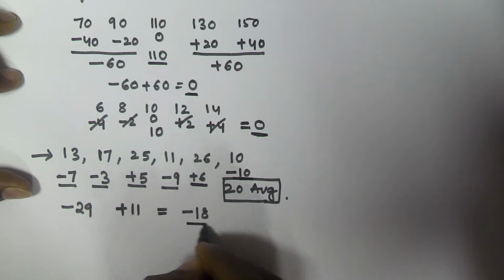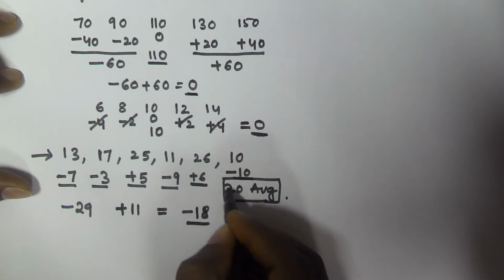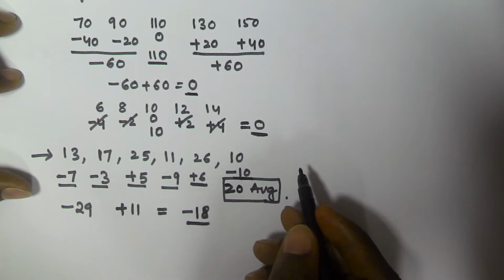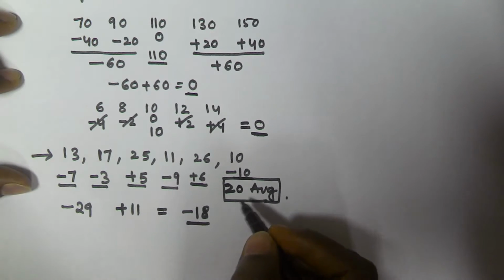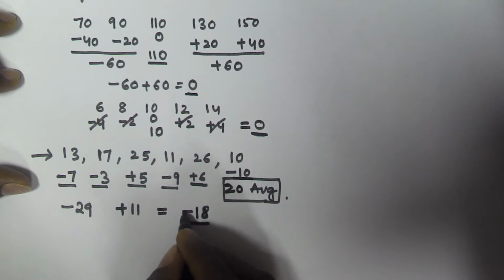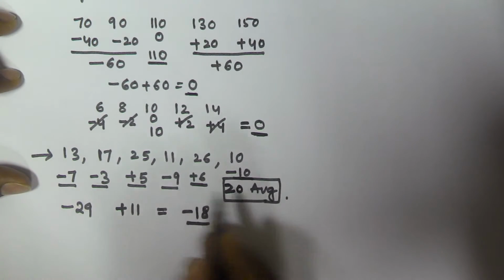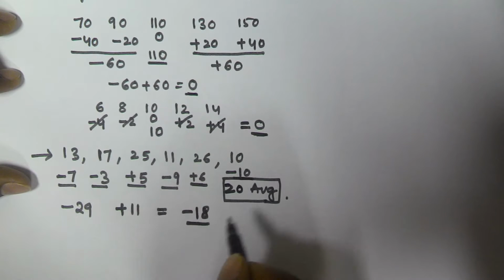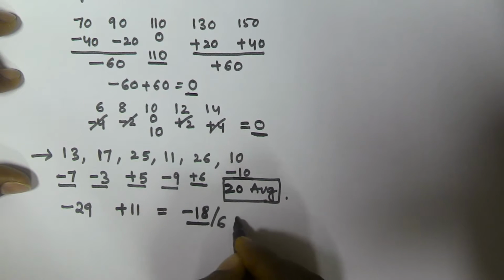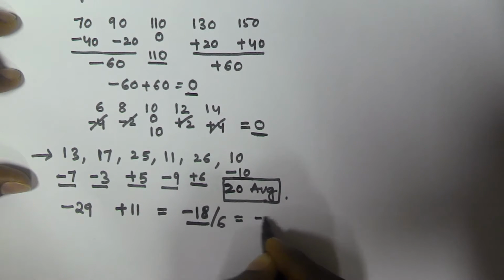But actually we should get 0 here, and we are getting minus 18. That means 20 is not the actual average; something else is the actual average. Now this 18 deviation is made by how many elements? 1, 2, 3, 4, 5, 6 elements. So we divide this number by 6 and we get minus 3.